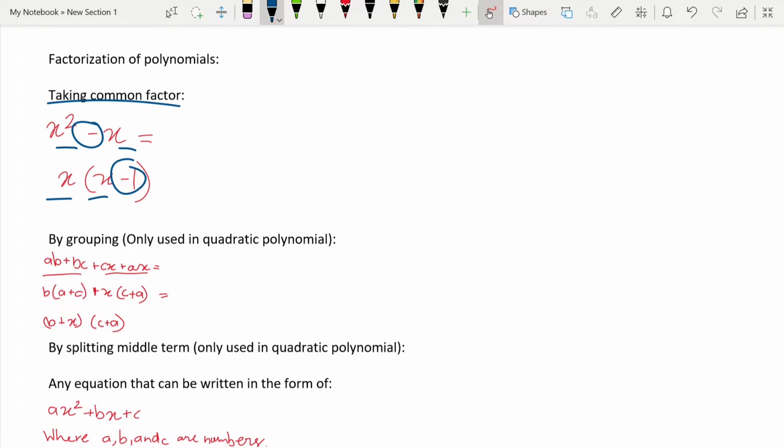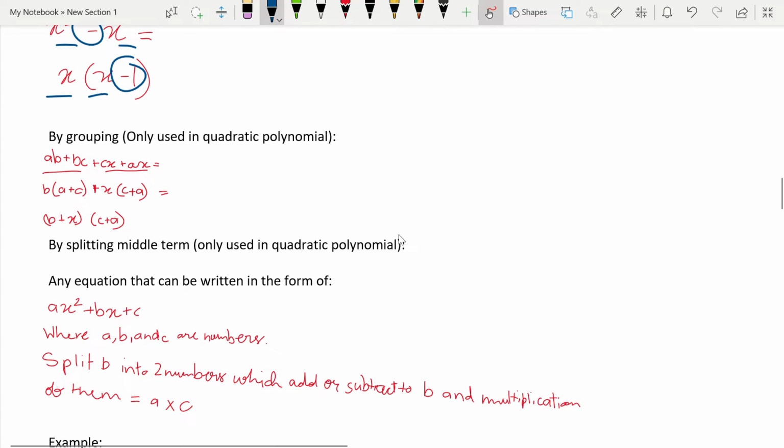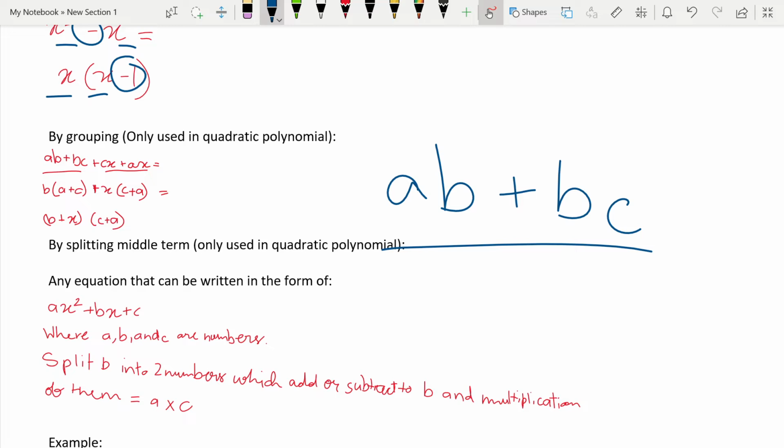Okay? Let's move on. By grouping, only used in quadratic polynomials. Quadratic meaning the highest degree is going to be 2. So if you have ab plus bc plus cx plus ax, I'll just write that: ab plus bc. You take the common on that one, which is going to be b, and we're left with a plus c in the brackets.